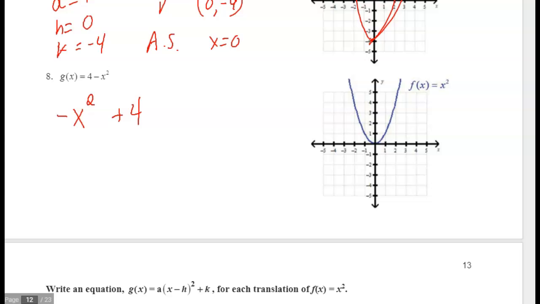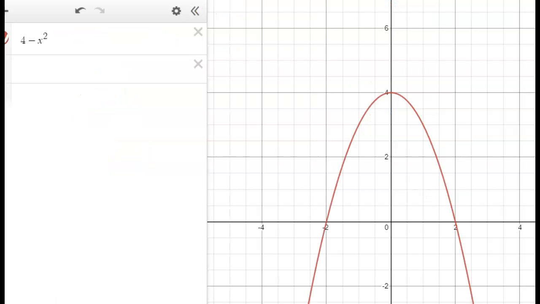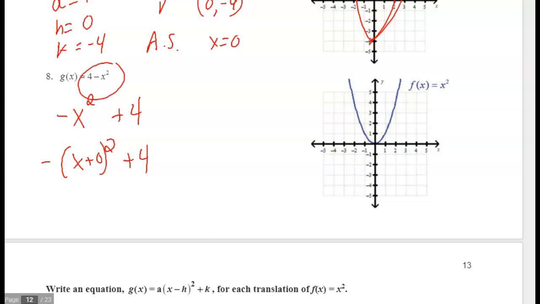Or if we wanted it in vertex form, you'd have the negative in front, x plus 0 squared, and then your plus 4. So the transformation, it was flipped over. So this one's just one of those ones that you would look at and think, wow, that looks different. Come over here, graph it, kind of work it backwards and figure it out from there.